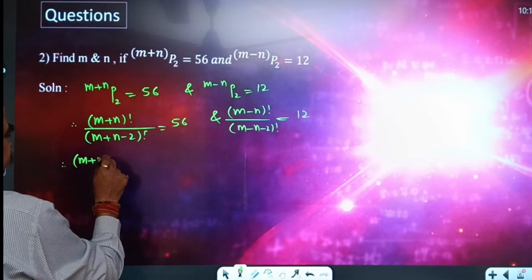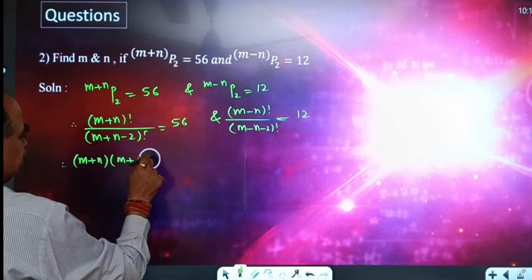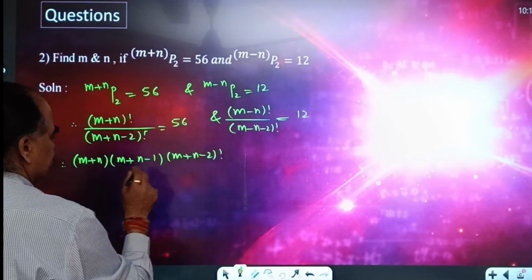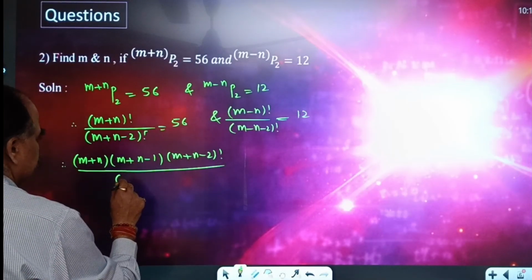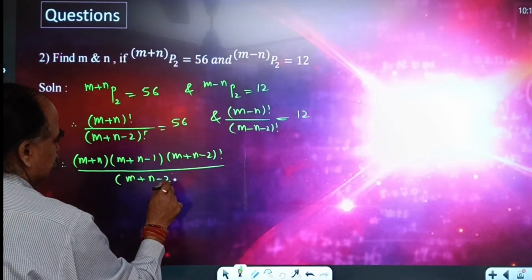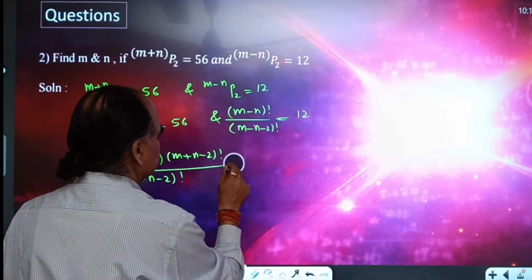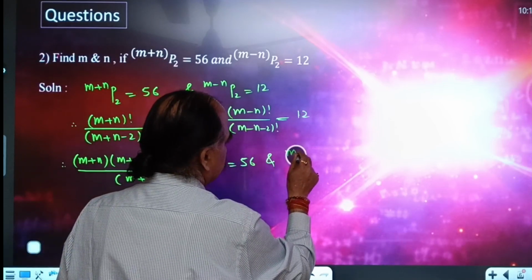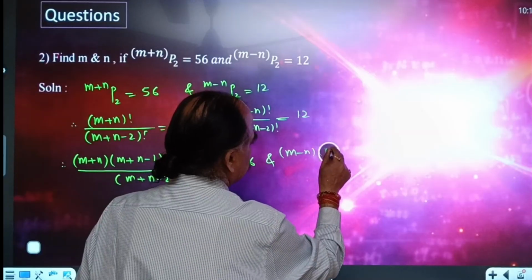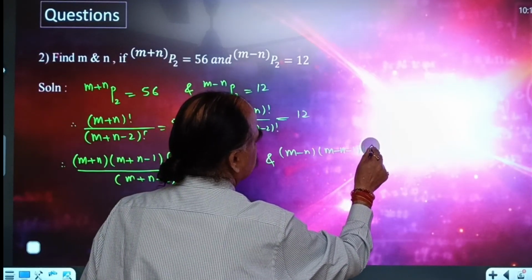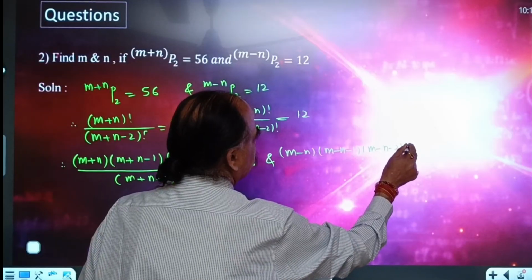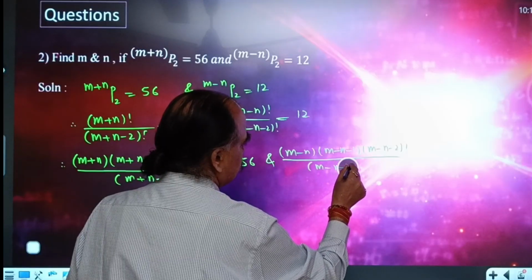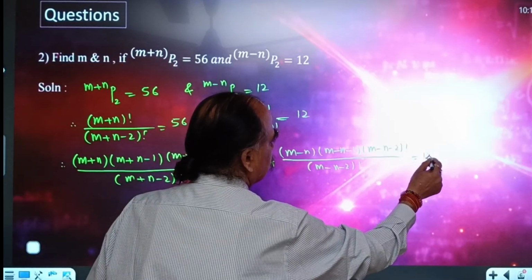m plus n into 1 less, m plus n minus 1, into 1 more less factorial divided by m plus n minus 2 factorial, and m minus n, m minus n minus 1 into factorial divided by factorial, 12.